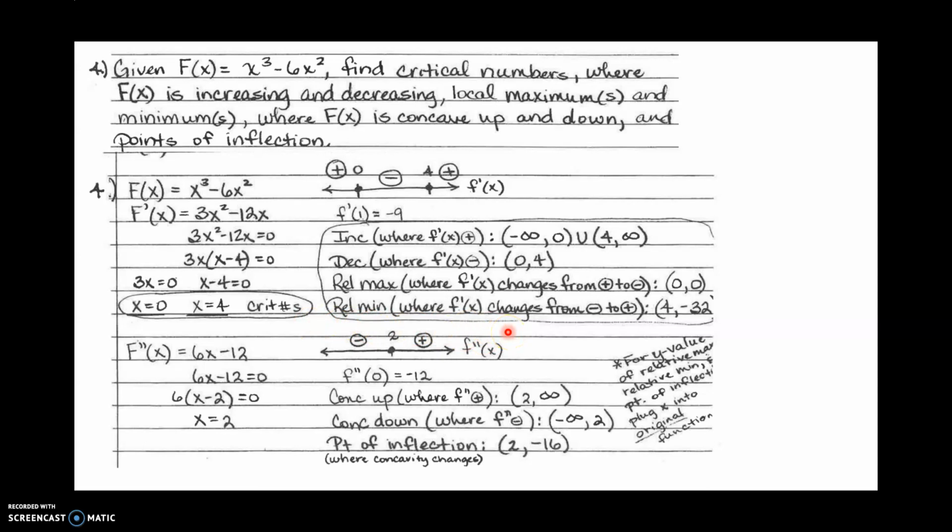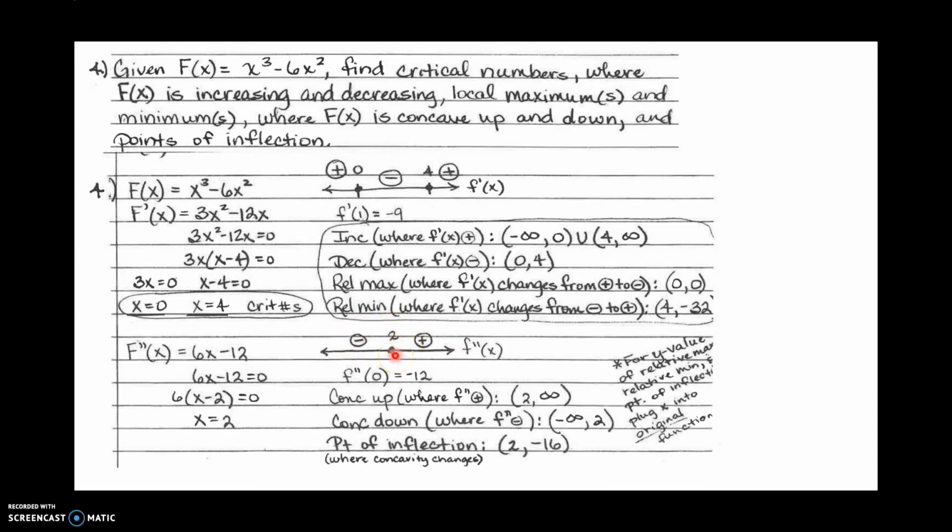From that, I know anywhere the second derivative is negative, I'm concave down, so negative infinity to 2. Anywhere the second derivative is positive, I'm concave up, so 2 to infinity. Anywhere I change from concave up to down or down to up, I'm going to have a point of inflection, so where my derivative changes here.